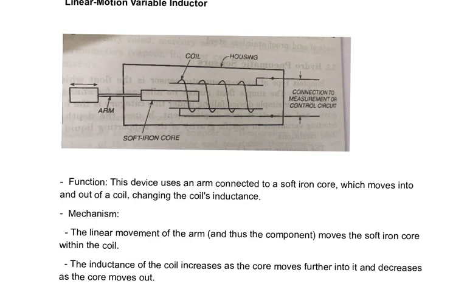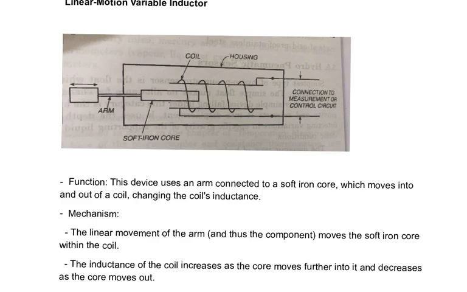The device uses an arm connected to a soft iron core which moves into and out of the coil and changes the coil inductance. The mechanism is that the linear movement of the arm moves the soft iron core within the coil.